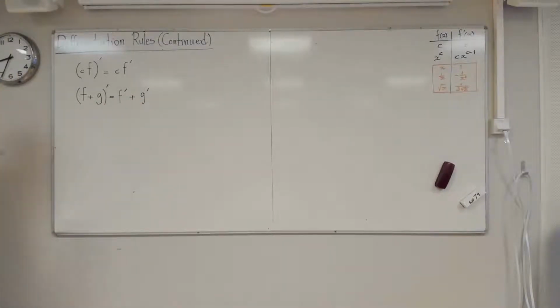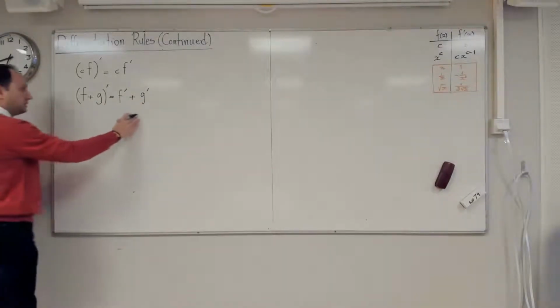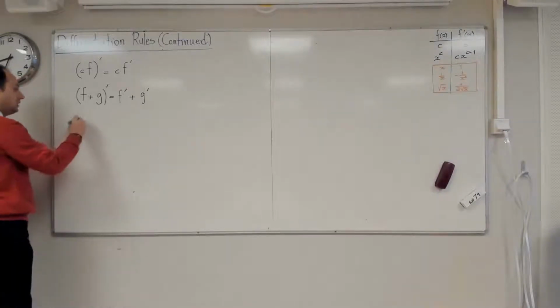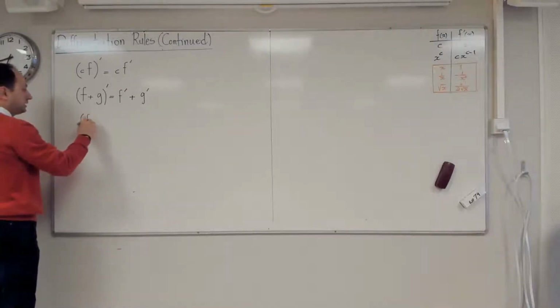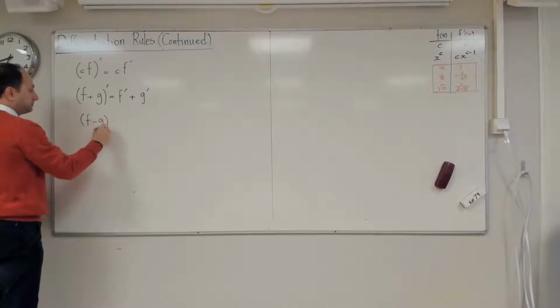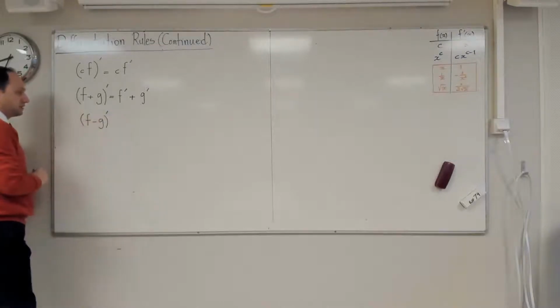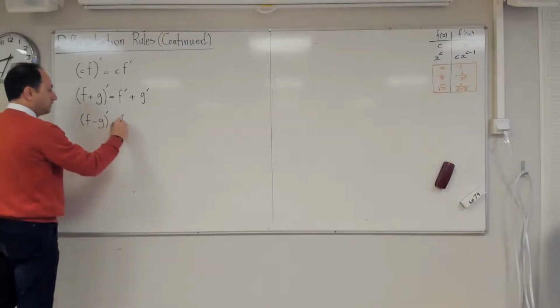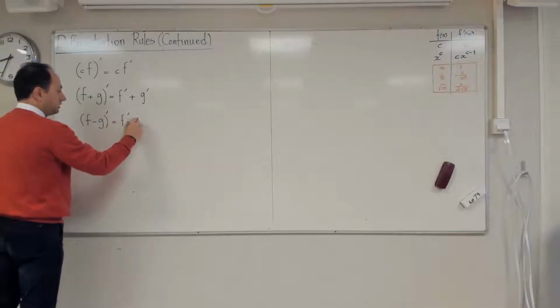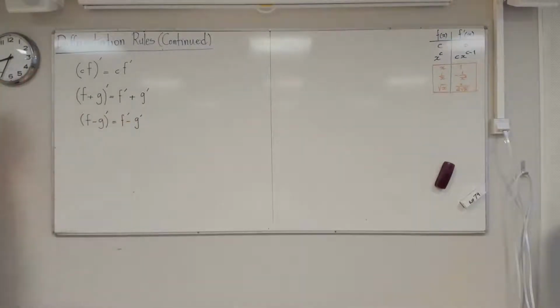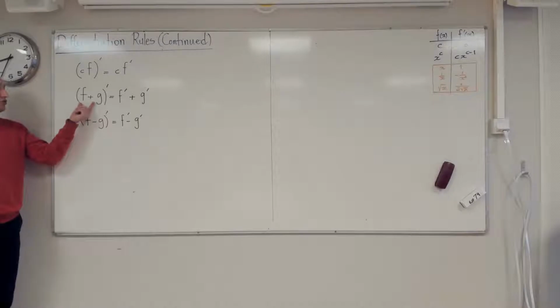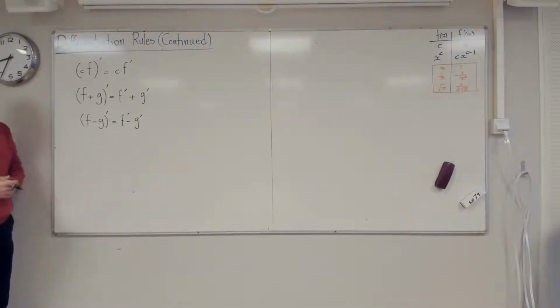Okay? These are used in the book without explicitly mentioning them. And the other one is, of course, for the subtraction, the difference of 2 functions. The same will happen. Okay? And there is no reason that this should be only 2 functions. It can be more than 2 functions, yes?